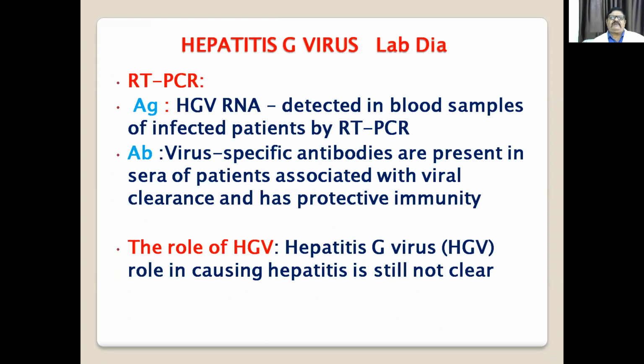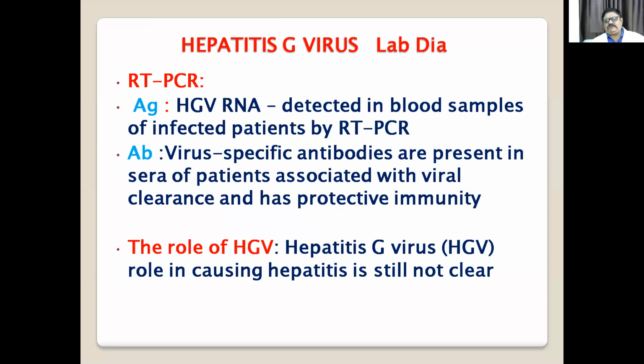It is still not very clear, but we are sure about the existence of hepatitis G virus. But how far it can be named as one of the hepatitis causing viruses, that's still doubtful. But the majority of the world is suffering from hepatitis B virus infection.